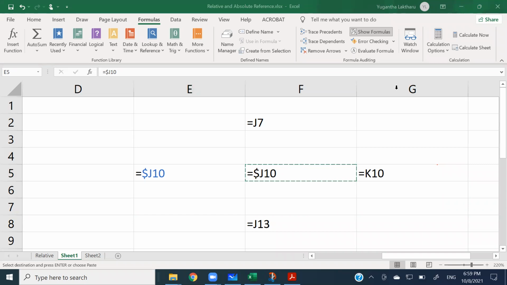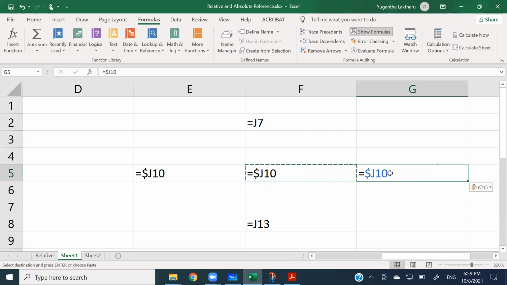Tedara, you have thought about this to a very good extent. Think a little bit more. Should the dollar sign really come there? Right? So what happens if I copy this particular formula to this K10 cell? It gives you the same output because J is not going to change.